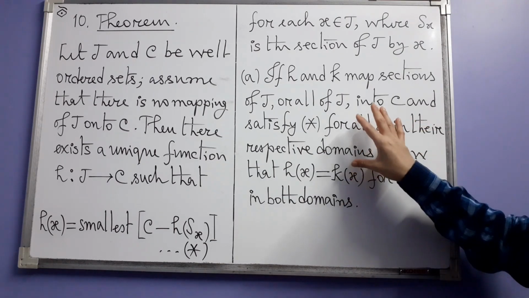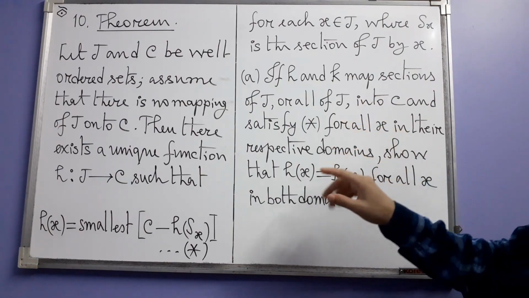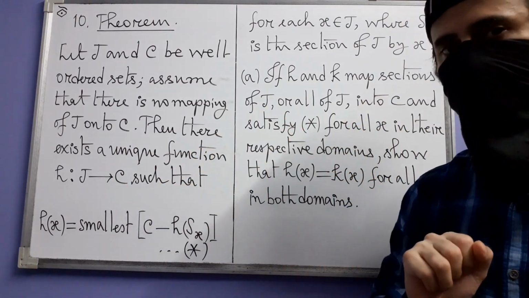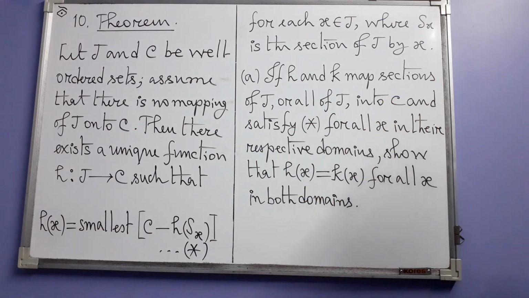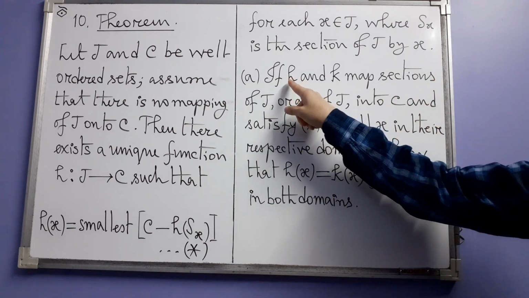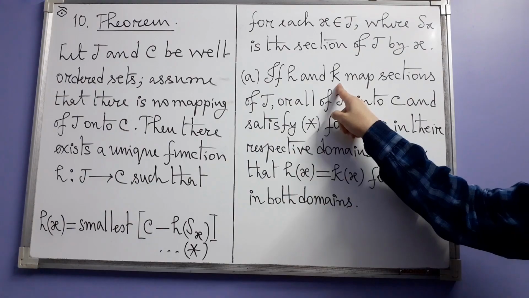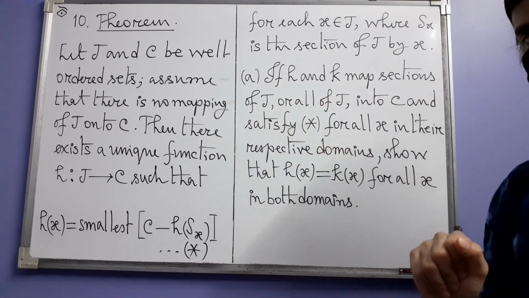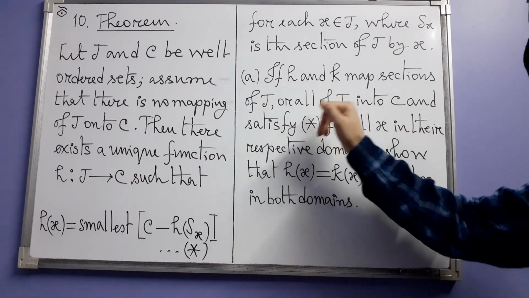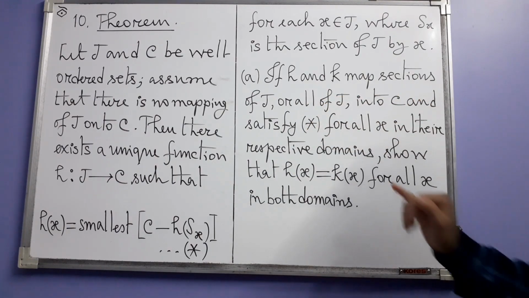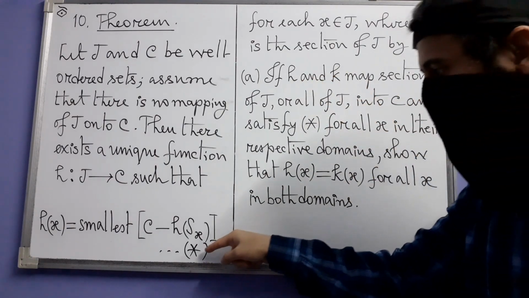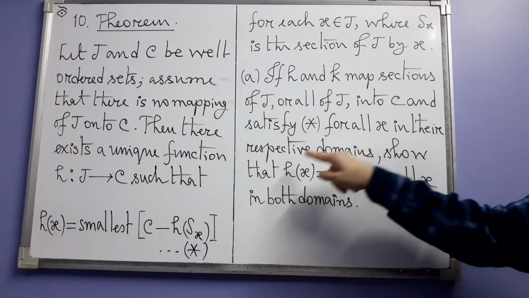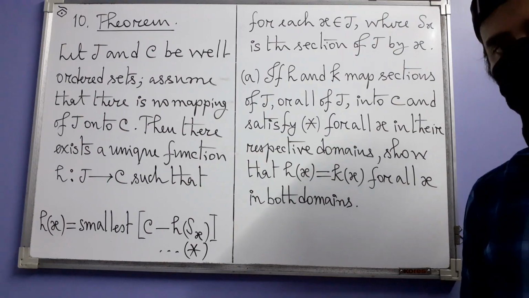Part A actually will finally be used to show that such a function h is unique. What do we have in part A? If we have two functions h and k which map either sections of J to C or all of J into C, and both of them satisfy this star, this condition for all x in their respective domains.